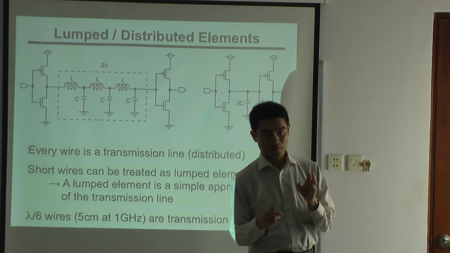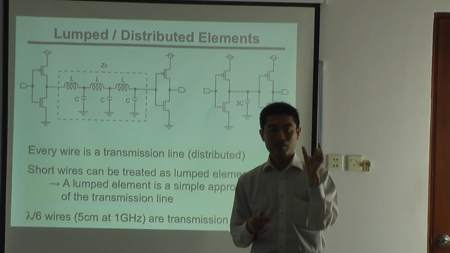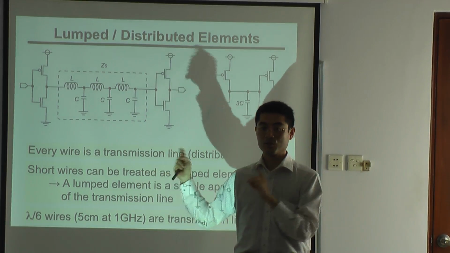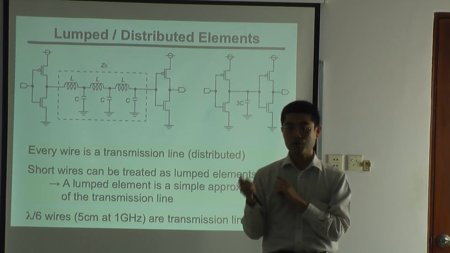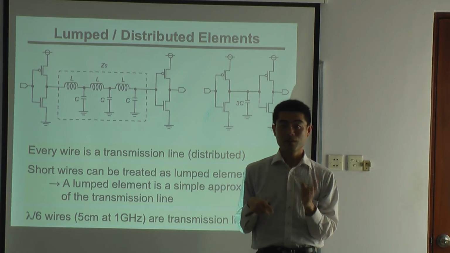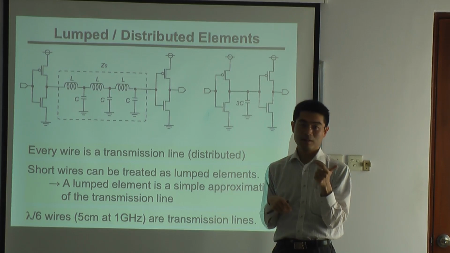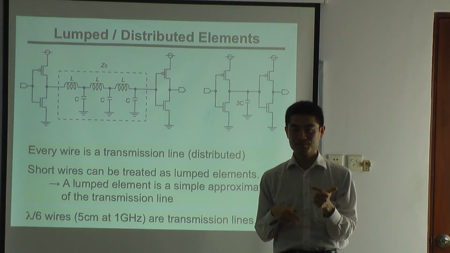So if you communicate at 1 gigahertz, over 5 centimeters we have to consider it as a transmission line, and we have to consider reflections. And if less than 5 centimeters, we can treat it as only a lumped capacitance in vacuum.